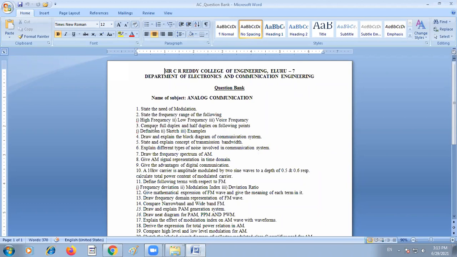Can you tell me what the voice frequency is? In AM modulation, the voice frequency should be 4K, 4.5K or at most 4K. It is used in telephone communication.